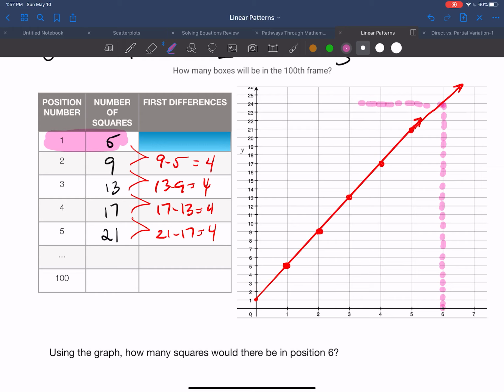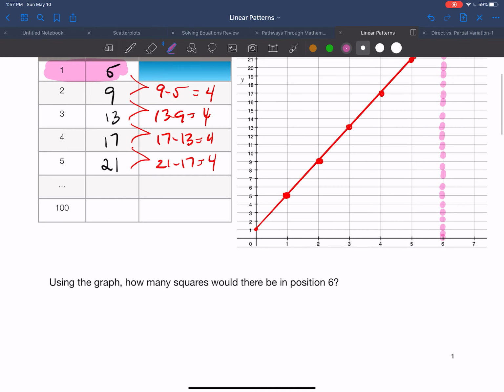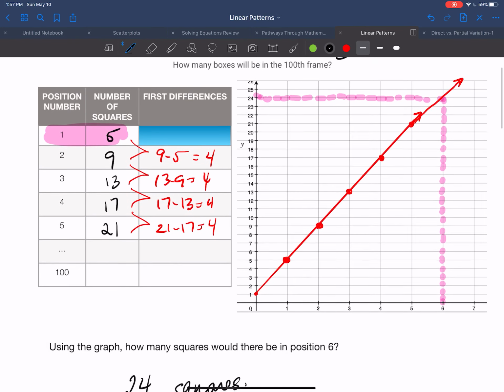That's where I would hit the line. If I go all the way across, that means I'd have 24. According to my graph, I'd have 24 squares. Okay, it's something that's called extrapolation. We'll talk more about that later, but actually you would have researched it last week. It's extrapolation. It's past the last point that I know, or the last point that's in my table.